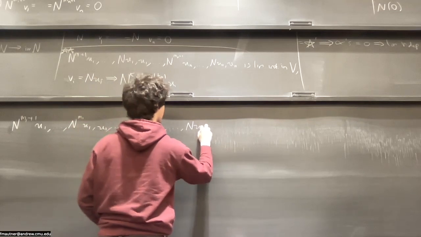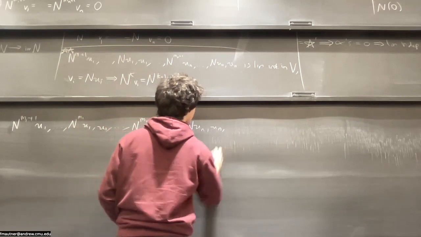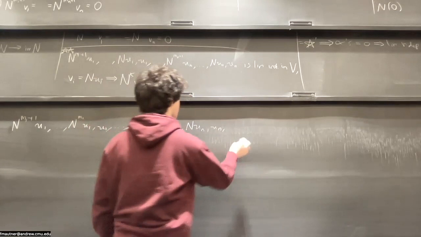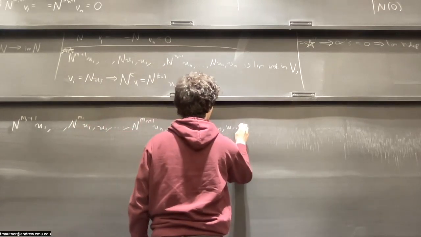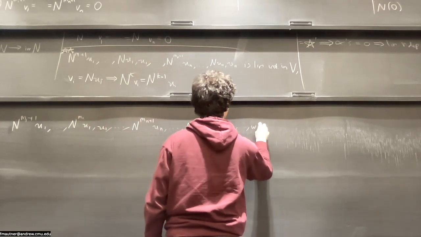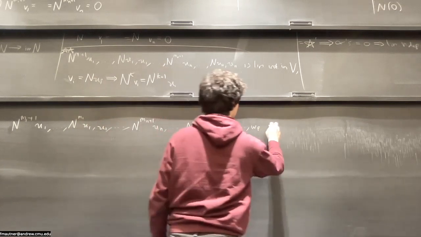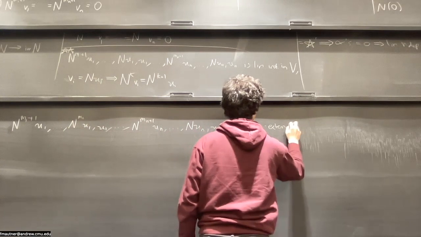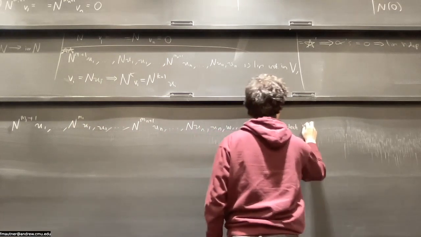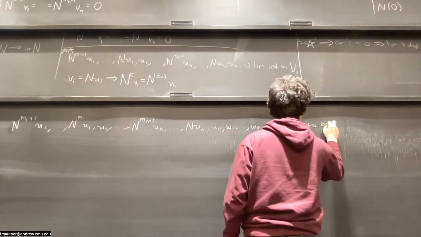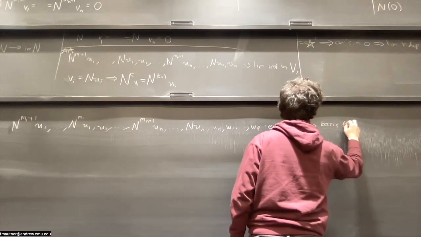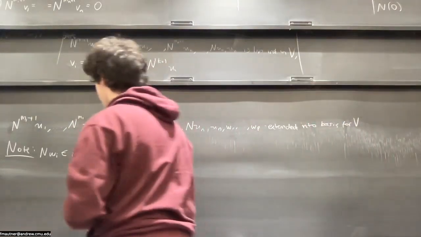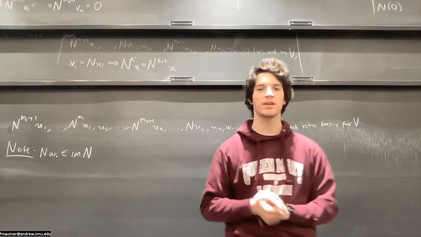But anyways, now we extend it into a basis, so we just add some elements, w1 to wp. So what we've done here is extending into a basis for V.